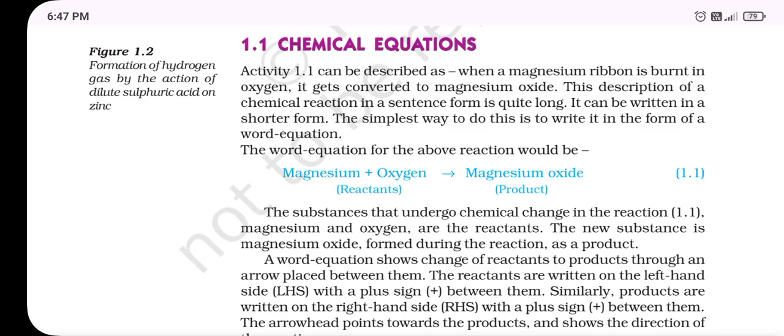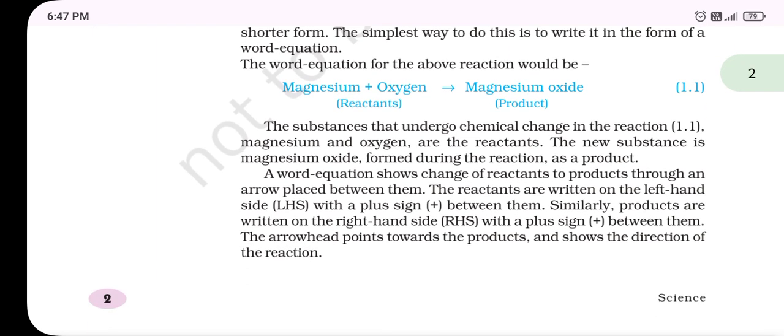And on the right side you observe magnesium oxide is the product. So what are the reactants over here? Magnesium plus oxygen are reactants. Correct. And what's the product when magnesium and oxygen are burnt? Magnesium oxide. That's correct.